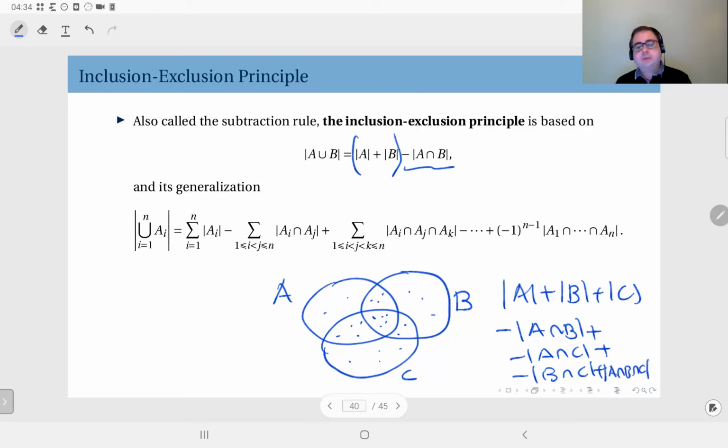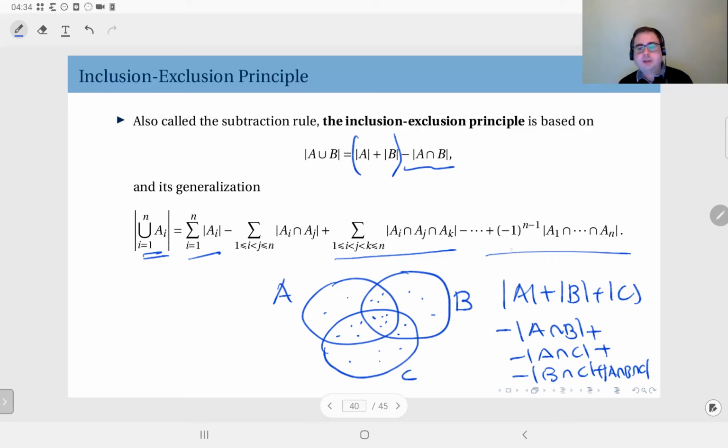And again, this can be generalized to multiple sets, let's say n sets. If you have sets A1 through An, the cardinality of the union is going to be equal to the sum of the cardinalities of each individual set minus the cardinalities of intersections 2 by 2 plus the intersection of triplets minus the intersection of quadruplets, etc., depending on the number of sets n.